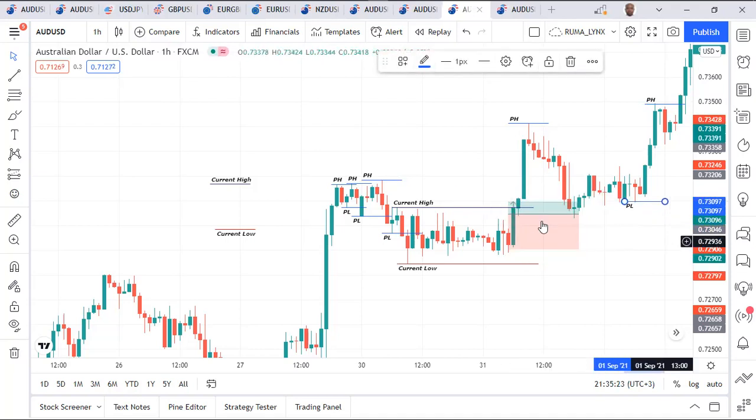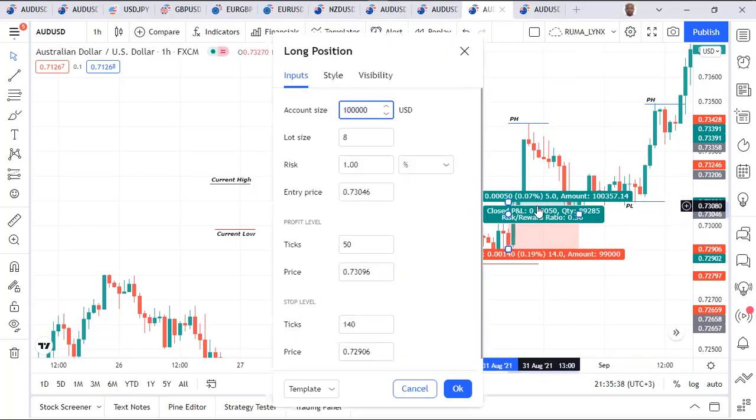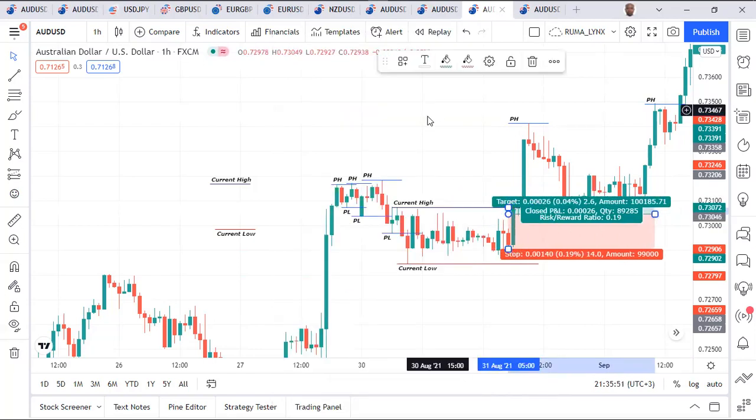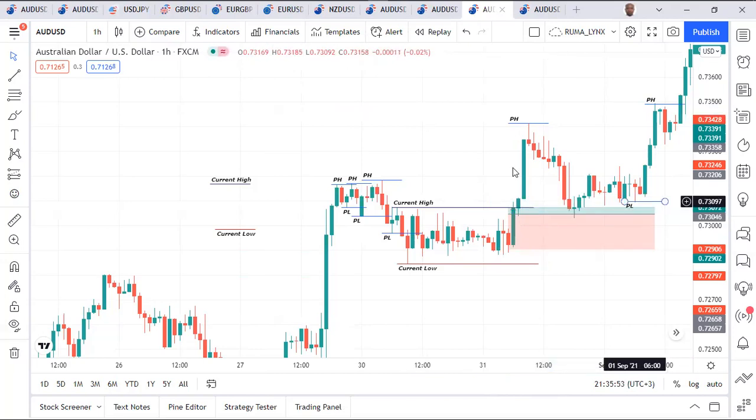So we get to move our first profit 2 pips below this, which is 0.73072. Yes, so it's 2 pips below this point, and we keep moving it as the market keeps giving us more profits.